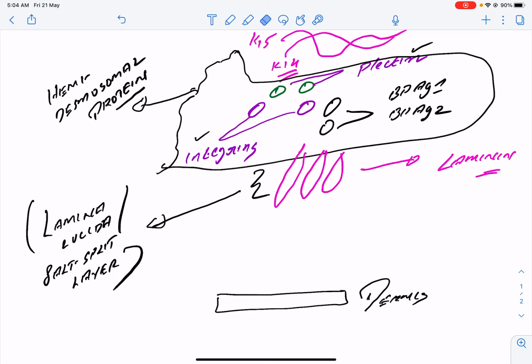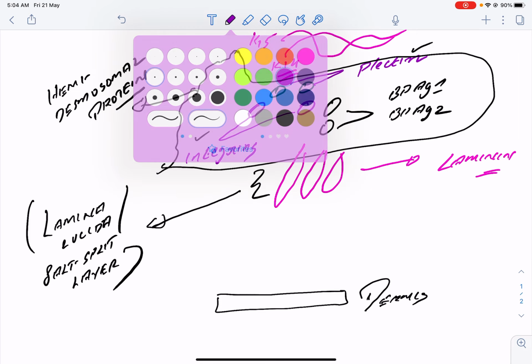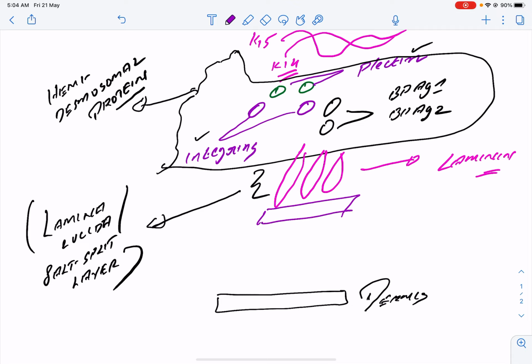Then this laminin is connected to something called the lamina densa.